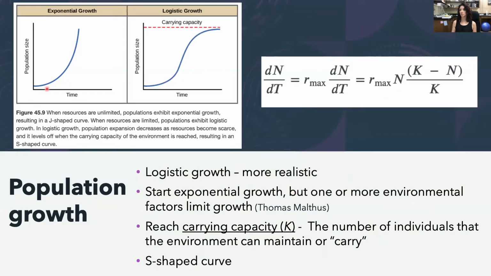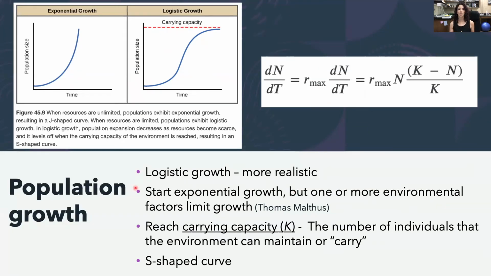In contrast to that J-shaped curve, we can have an S-shaped curve. This represents logistic growth. This is more realistic because with logistic growth, there is a limit on nutrients and resources available. So we do start with exponential growth, but of course, one or more environmental factors are going to impact the ability of that population to continue to grow.